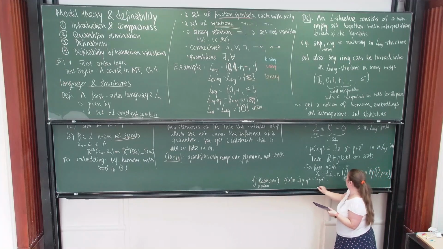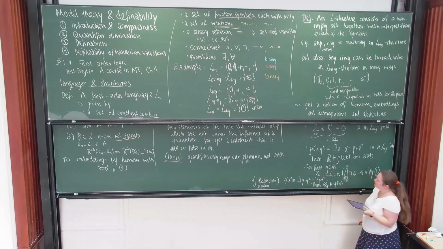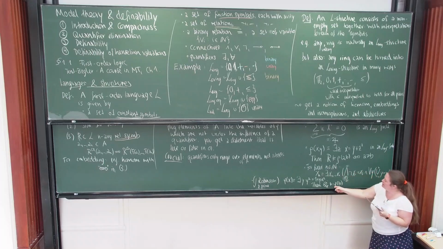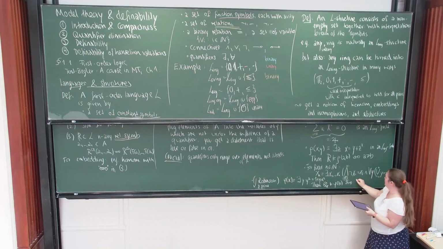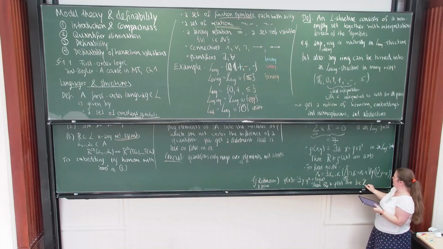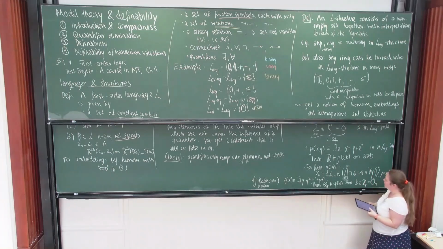Now I claim that in Q_p, phi holds for an element b if and only if b is a p-adic integer, i.e. in the valuation ring of the p-adic numbers.